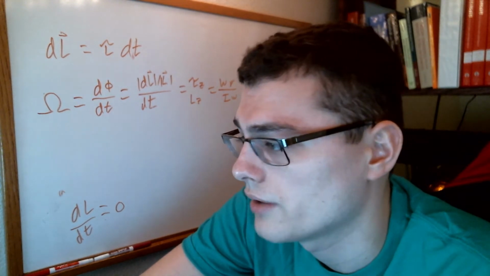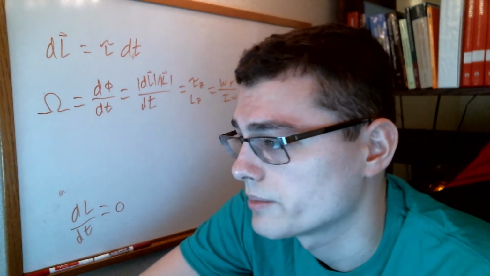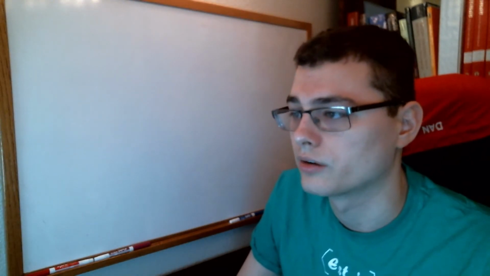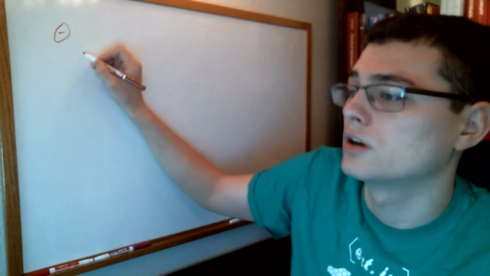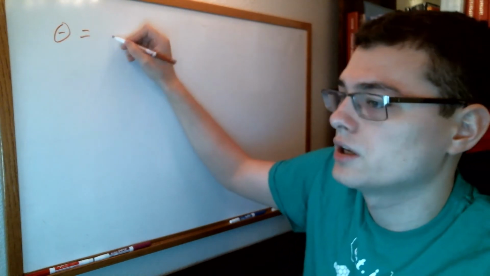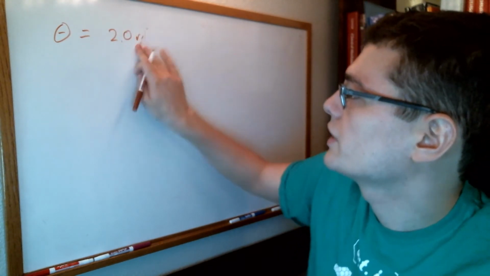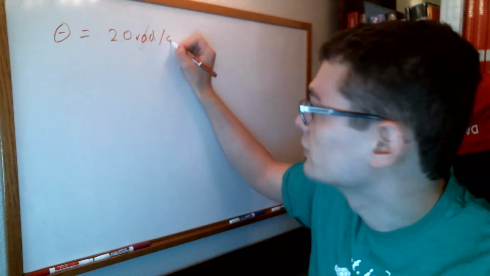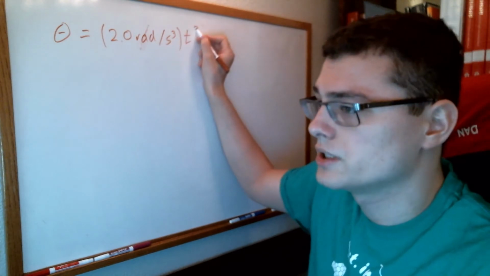And I think now that I've gone through most of the chapter, I'm going to do some examples. Okay, class. So for this first example, we're going to be calculating angular velocity. From the first example, theta is equal to 2.0 radians per second cubed, multiplied by t cubed.